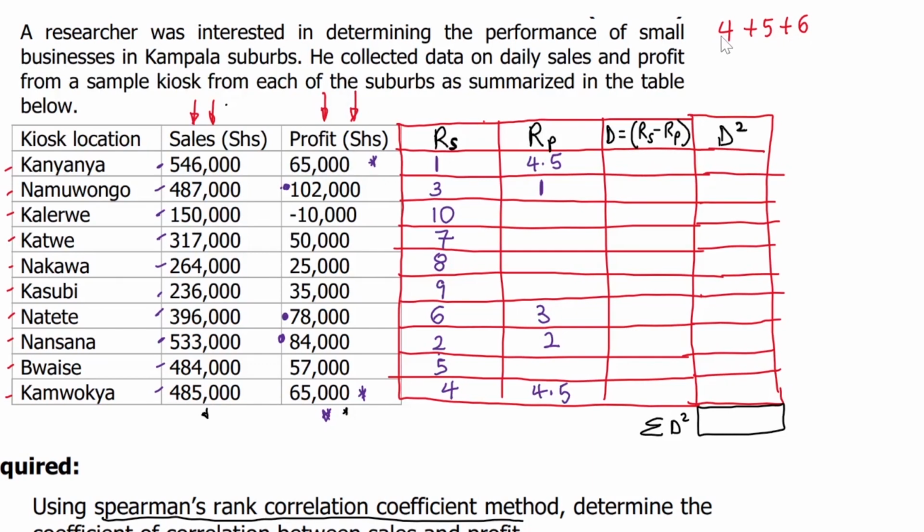Again, we add them and divide by how many they are. There are three ranks. So this would be 4 plus 5 plus 6, which is 15, over 3, which is 5. So we would put 5, 5, 5 in all the three.